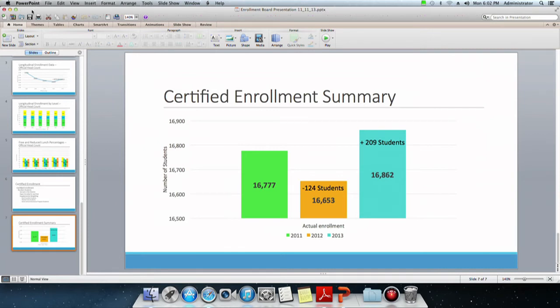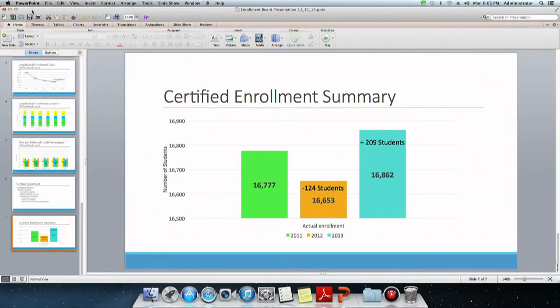These are persons in seats as opposed to weighted enrollments. And in the state of Iowa, we get different weightings for different kinds of students in enrollment. So our actual weighted enrollment that you'll see will be somewhat higher than these numbers because these numbers don't take into account the weightings.